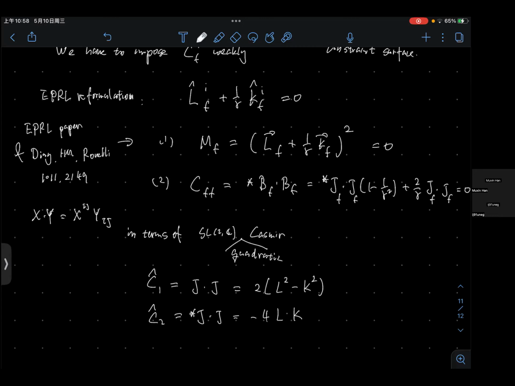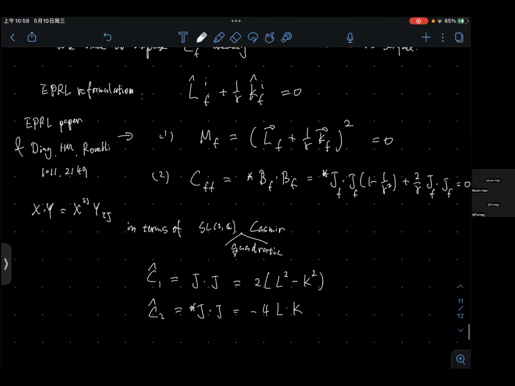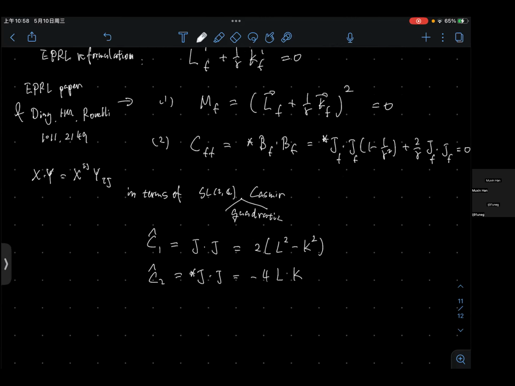All right, so now you can use these two quadratic Casimirs to re-express the two constraints. Firstly, CFF is given by C2, 1 minus gamma squared, plus C1. This has to be 0.